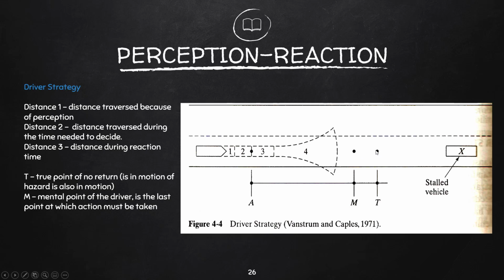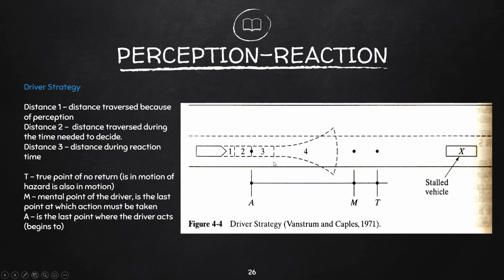You cannot really take an action after the point T. And A is the last point where the driver acts or begins to act, that is, after the perception and the emotional or decision part. So this is that specific point.